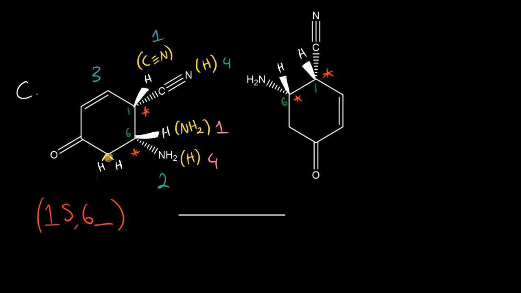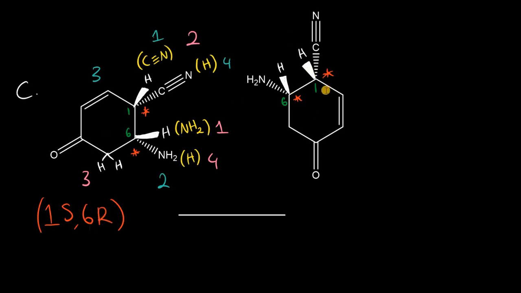So because this is a secondary carbon versus a tertiary carbon, because it's bound to 1, 2, 3 carbons compared to just 1 and 2 here, this group takes second priority, and this group here, going down to the bottom left, takes third priority. Now we just draw an arrow from 1 to 2 to 3 in our minds. It looks like we're going in a counterclockwise motion, so really it's R at carbon 6.